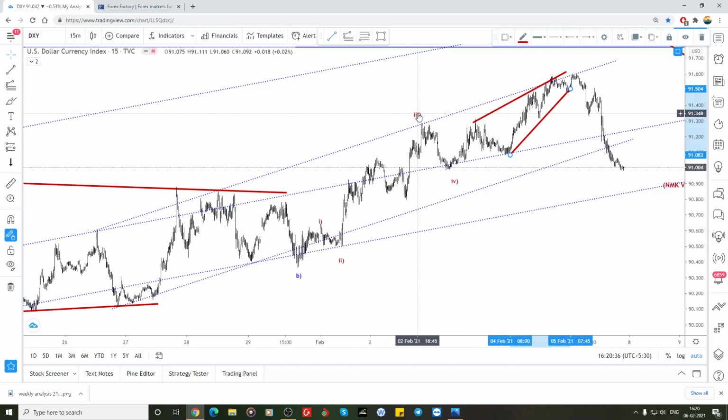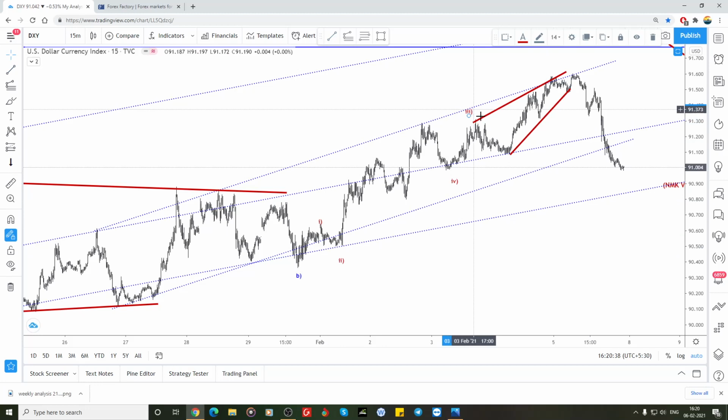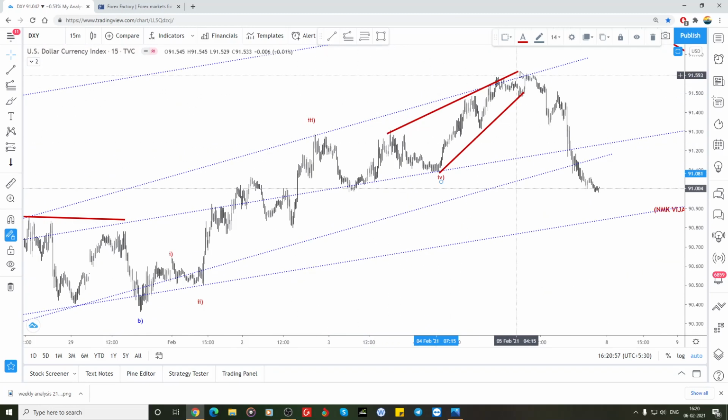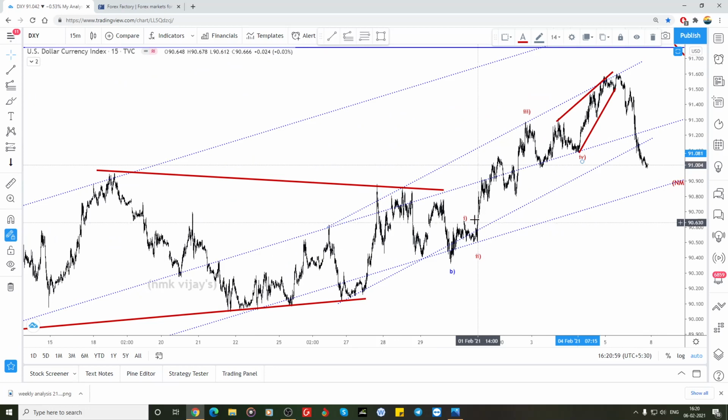So whether this is the third wave or here it has already broken the high, so whether this is the end of the third in the diagonal pattern. What I'm trying to say is, in the diagonal pattern, ABC is a 1, ABC is a 2, ABC is a 3, ABC is a 4, and here A, B and C could be a 5. As per my wave count, it has already ended here.